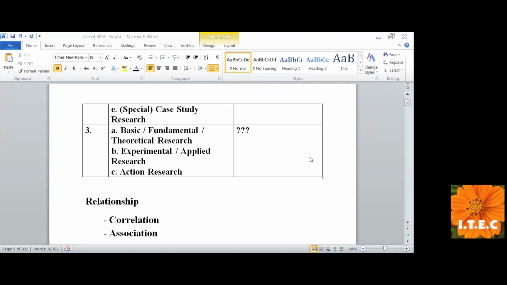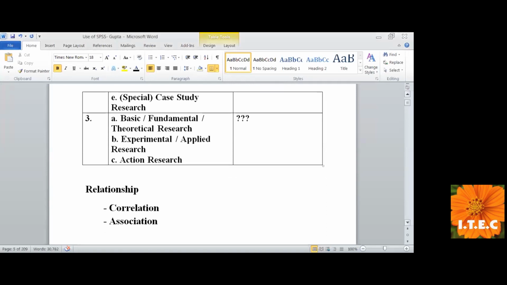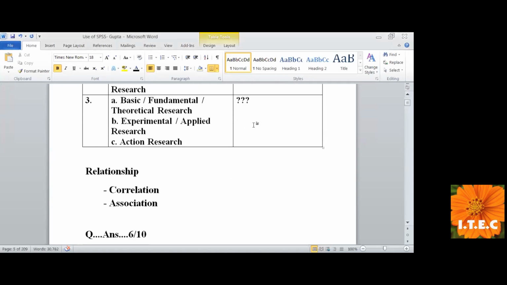And now here is another question for you. If you want to answer right now, you can answer. Then on what base can theoretical, experimental, and action research be differentiated?